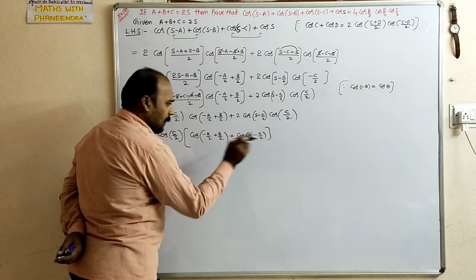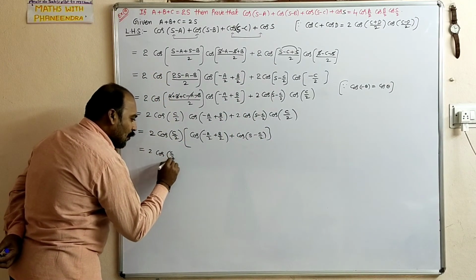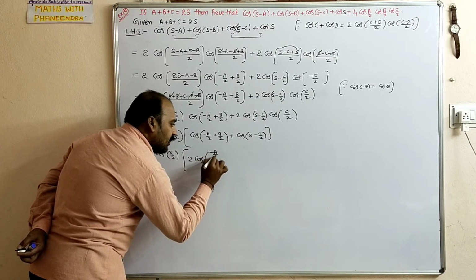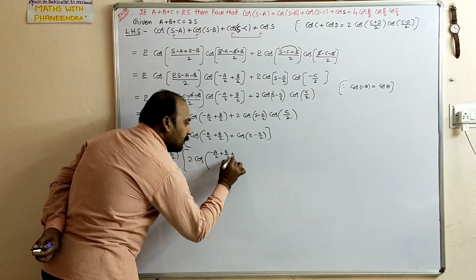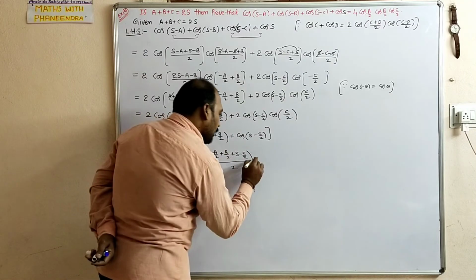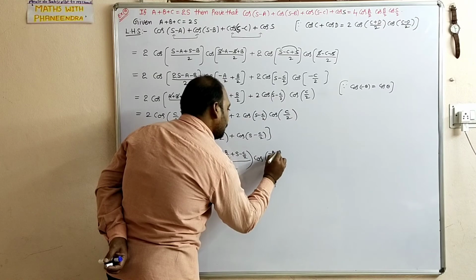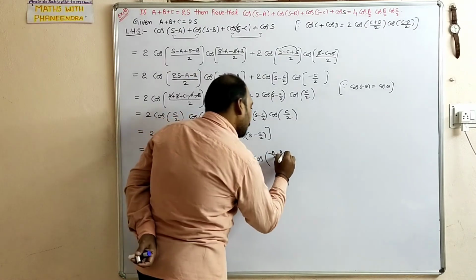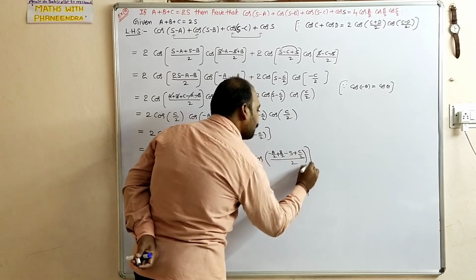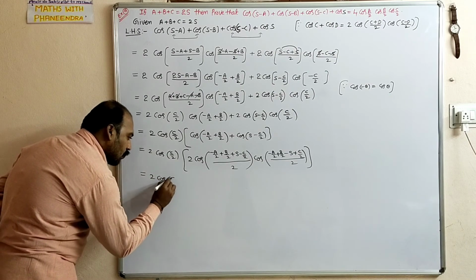Now apply the cos C plus cos D formula. So 2 cos C by 2 into 2 cos of minus A by 2 plus B by 2 plus S minus C by 2 divided by 2, cos C plus D by 2, cos C minus D by 2. So minus A by 2 plus B by 2 minus S plus C by 2 whole divided by 2, which is equal to 2 into cos C by 2.